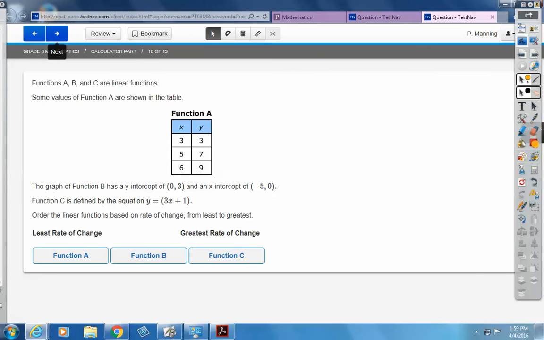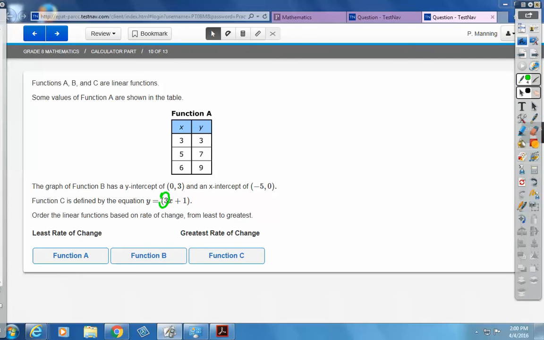All right, functions A, B, and C are linear functions. Some values of function A are shown in the table. The graph of function B has a y-intercept of 3 and an x-intercept of -5. C is defined by the equation. Okay, so let's start with the easiest. The rate of change again is slope.